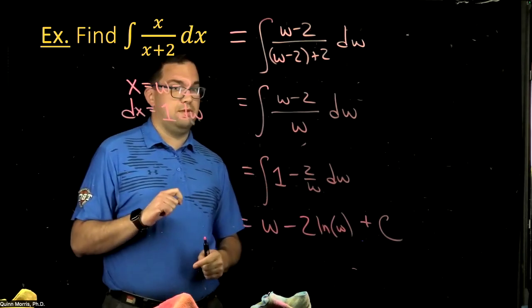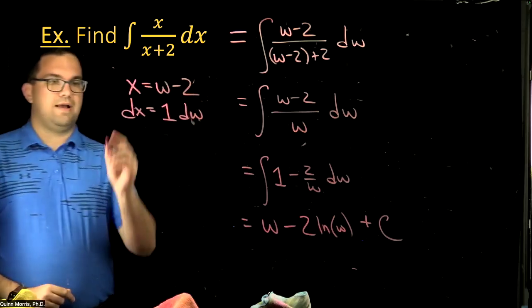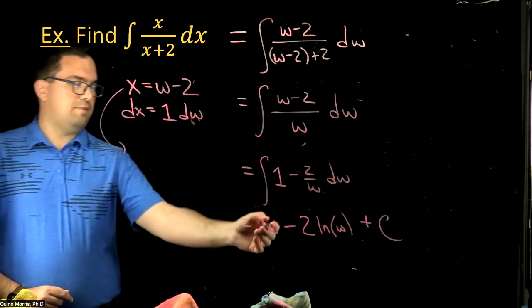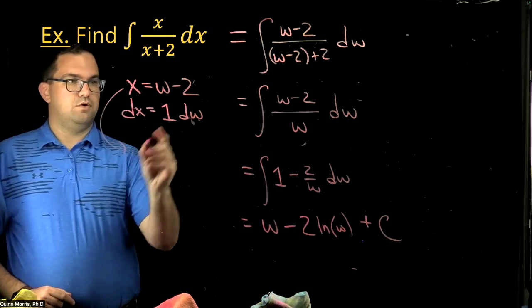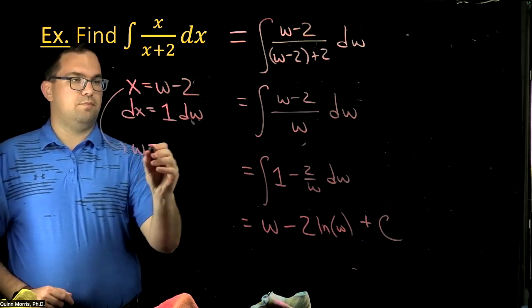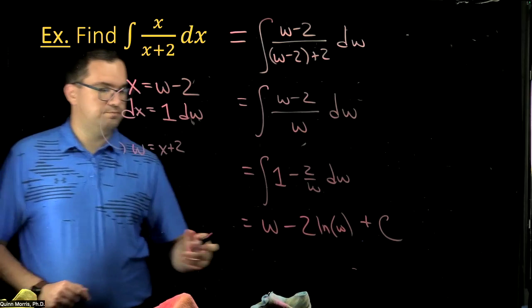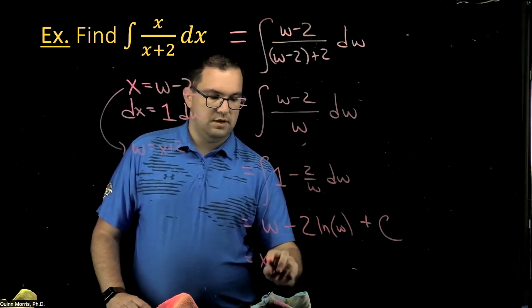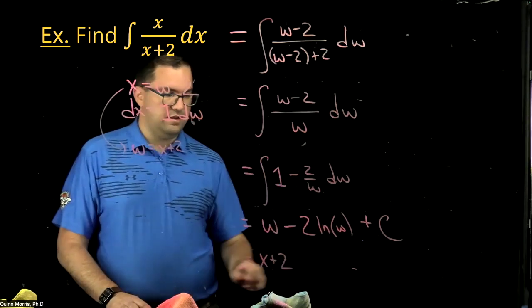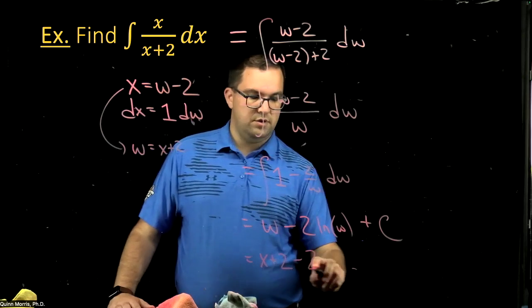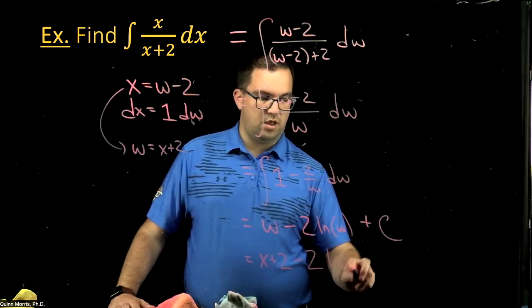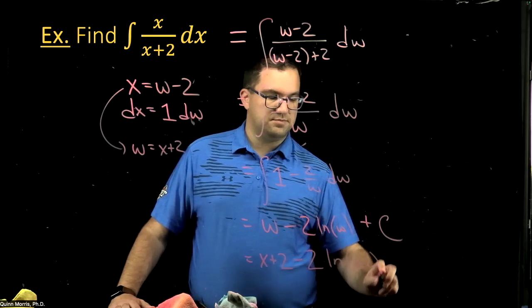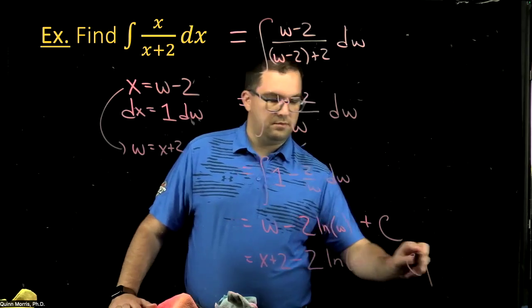The problem was asking me about x. So I need to replace all of my w's with x's now. Solving for w, w is x plus 2. And so I get that the antiderivative is x plus 2 minus 2 times the natural log of x plus 2, plus c.